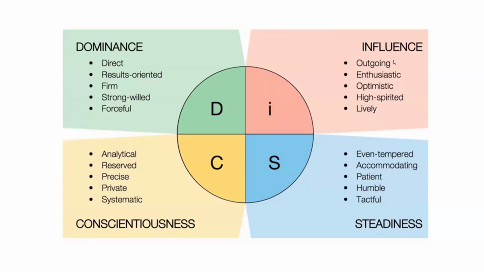Influence, some people are influenced. They are outgoing, enthusiastic, optimistic, with positive vibes, high spirited, lively, always active. Steadiness means even-tempered, accountable, patient, humble.